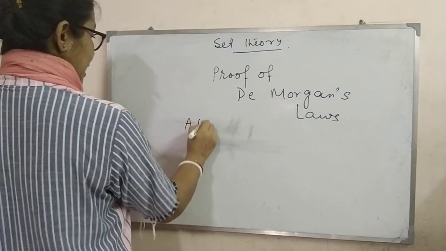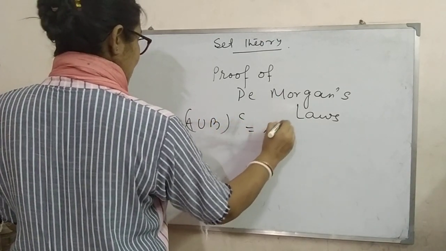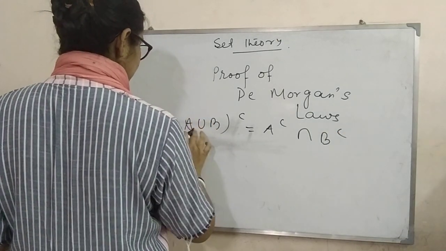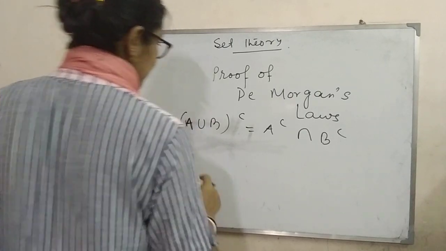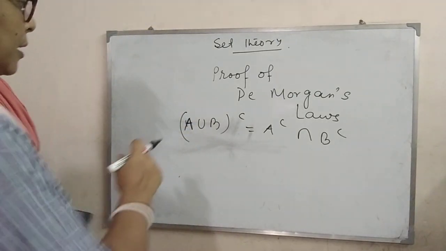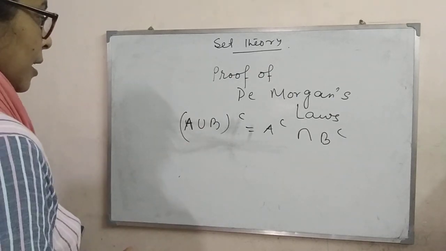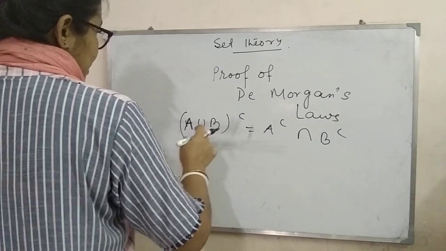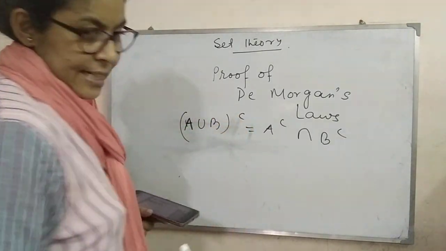First one is (A union B) complement, which is equal to A complement intersection B complement. I already said about the complement of the set.